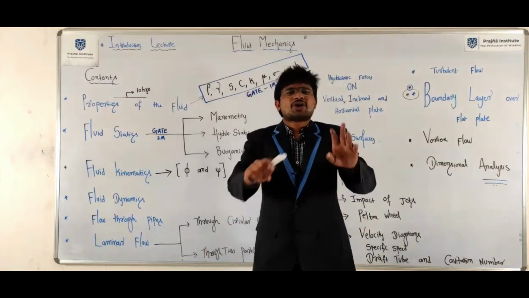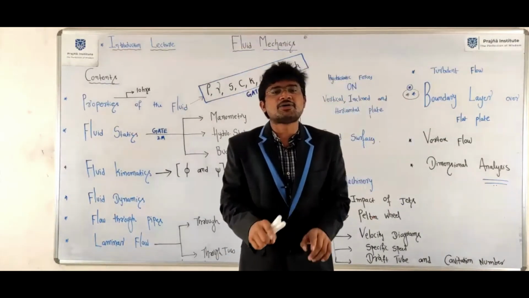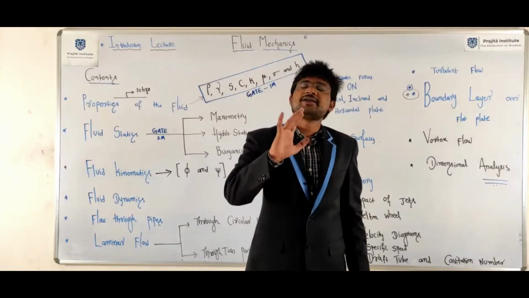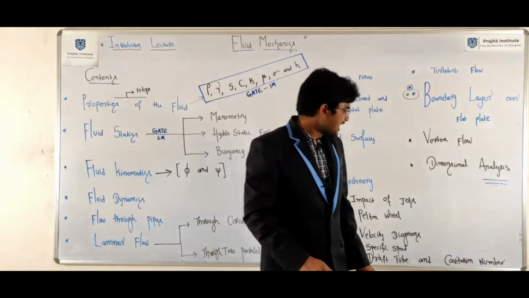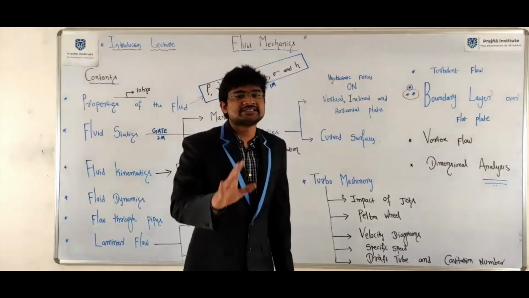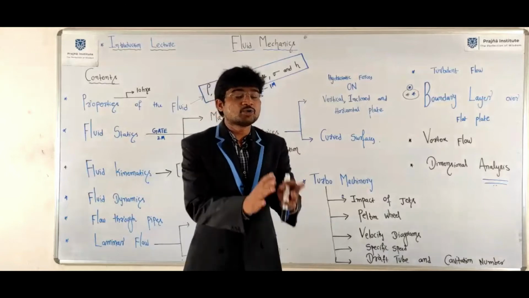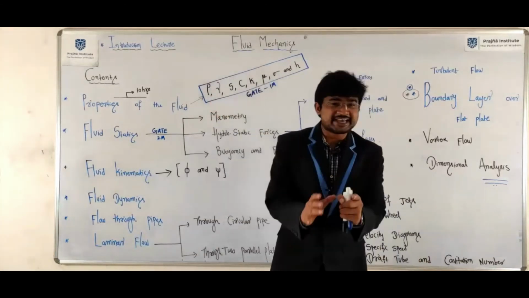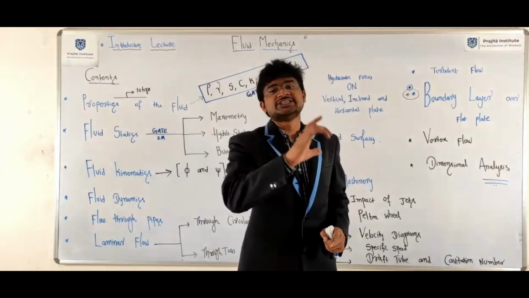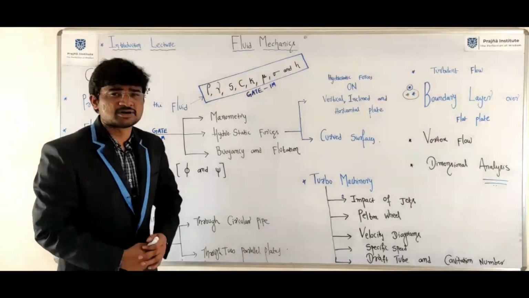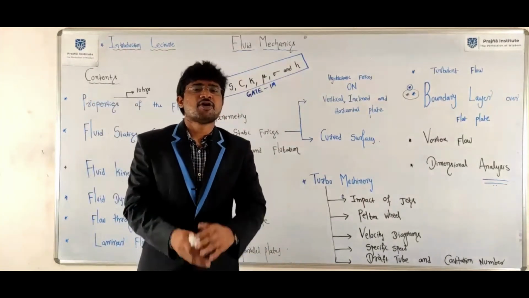You should know the complete picture about vapor pressure. Vapor pressure is very important. Cavitation is a big problem in turbines as well as pumps. How to avoid cavitation? For that we need to fix the cavitation number. This is all about fluid mechanics for GATE.